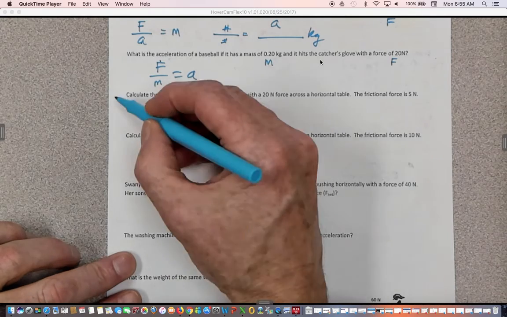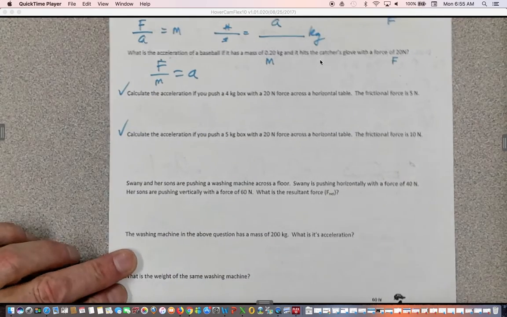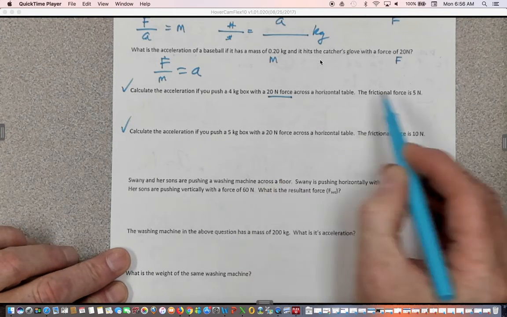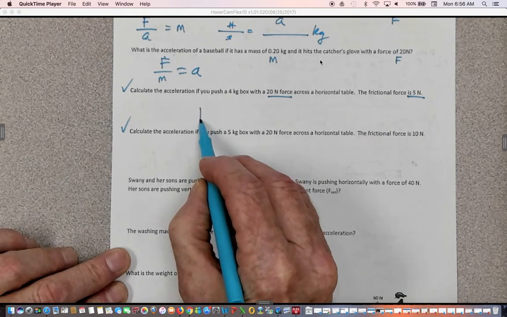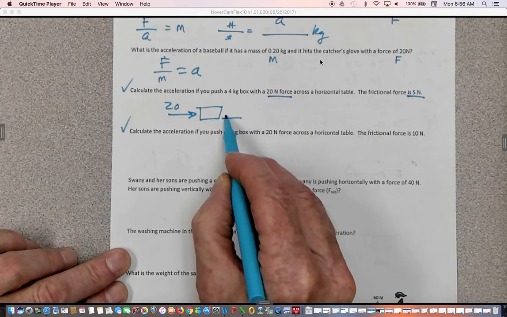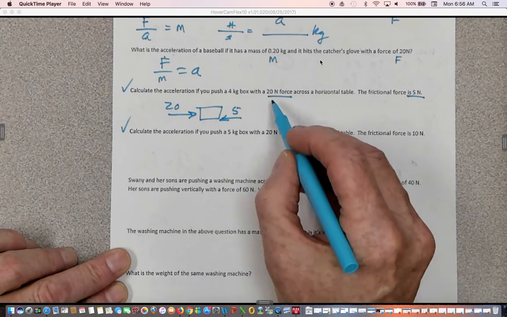These next two, I'm going to let you do on your own, but you need to do those. Oh, wait a minute. This is a little different. You're pushing with a force, and friction is 5. So if you push with 20 and friction fights you with 5, what's your net force?